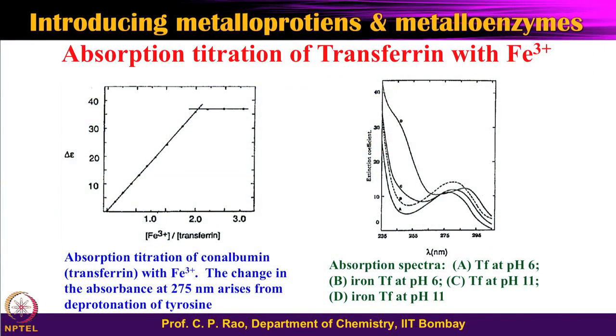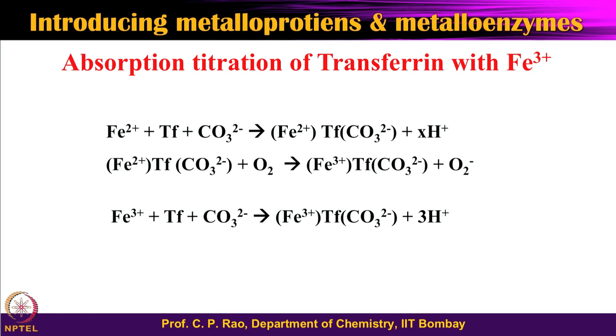The information that we get from this is that it binds 2 irons. If you add transferrin, carbonate is essential, as I told you. It will form iron 2 initially and then get oxidized to iron 3. Or you can take the apoprotein transferrin and add iron 3 directly, with no need of oxidation.